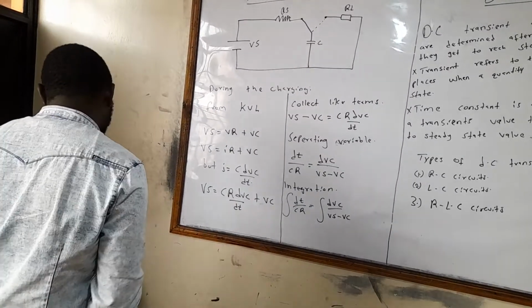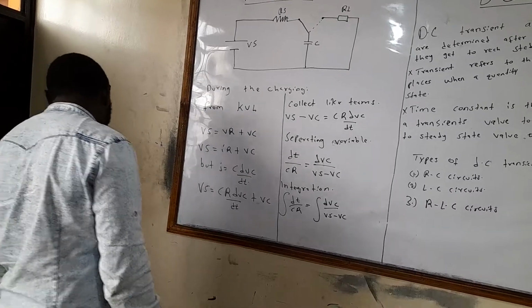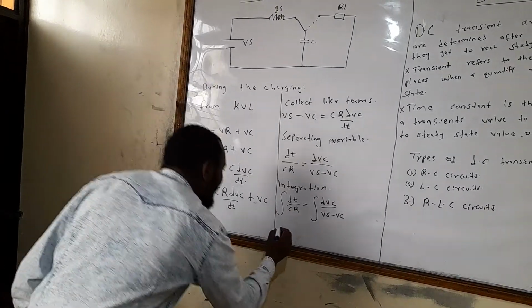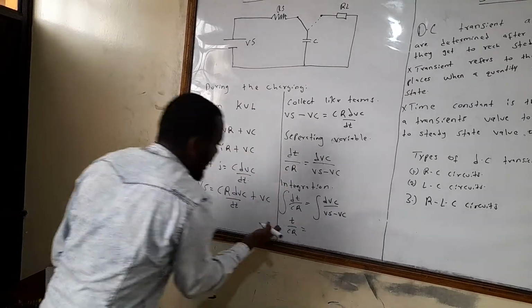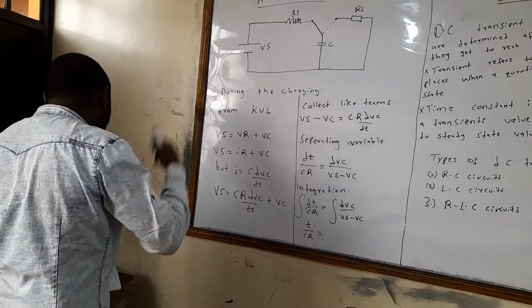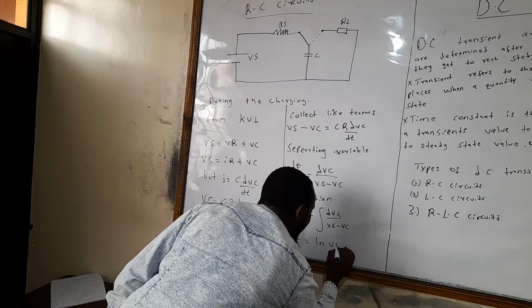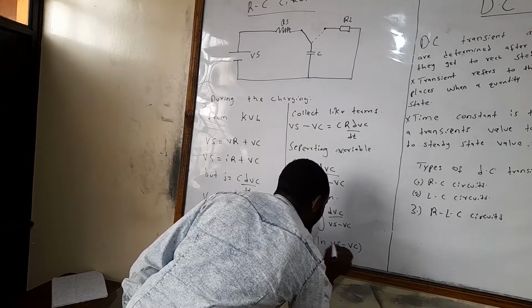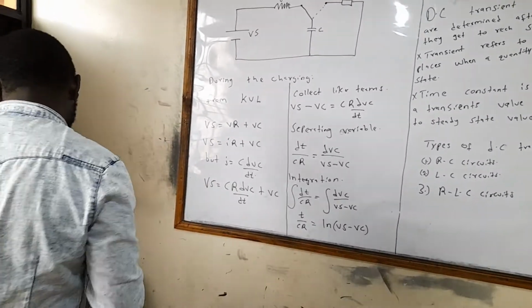So when we integrate that, on the left side we are going to have t over CR. When we integrate this, we are going to have t over CR is equal to ln of Vs minus Vc.